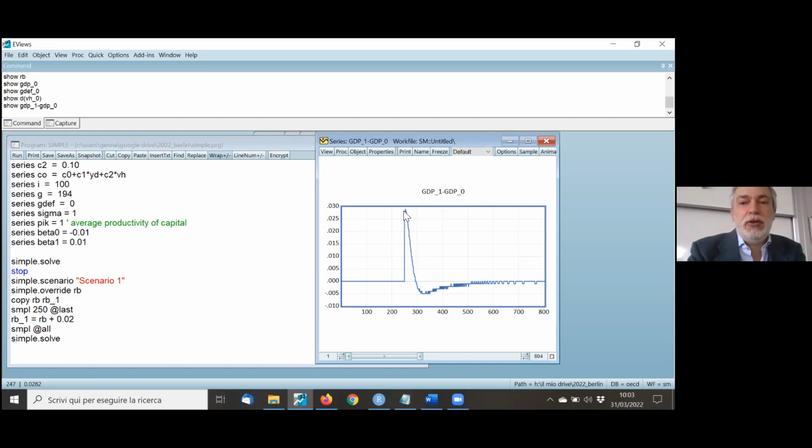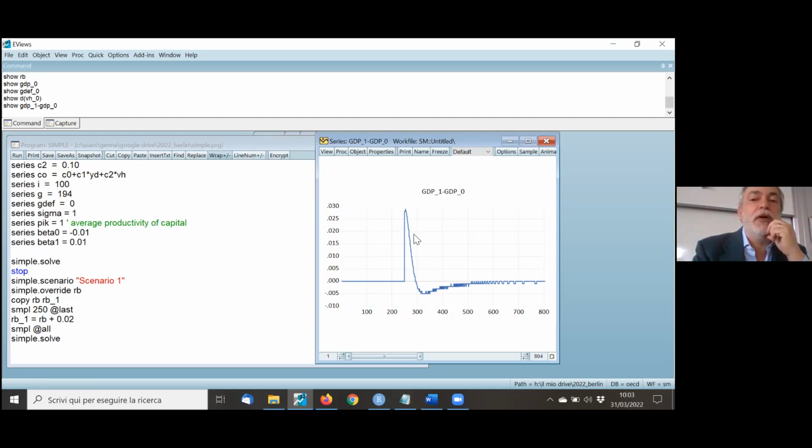Because I don't know exactly what is happening here. So the increase in the interest rate obviously increases the income of the households. But then I guess there will be no further increase in the income. They have to pay higher taxes. So look at what happens to the bonds.